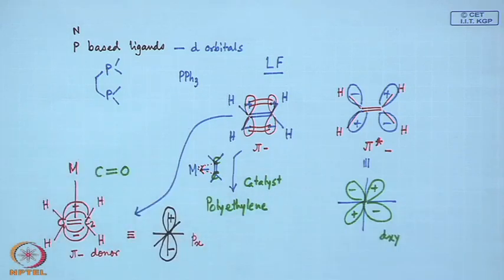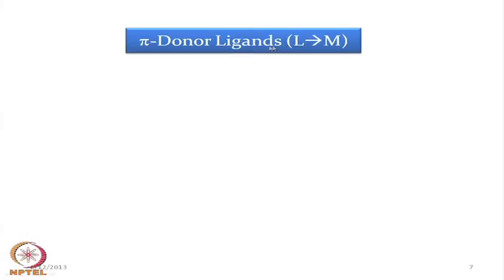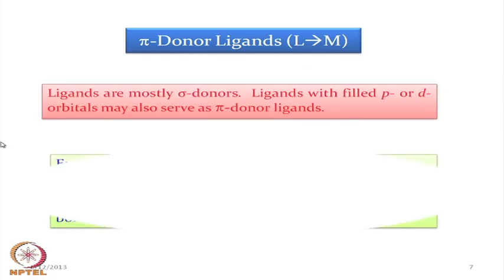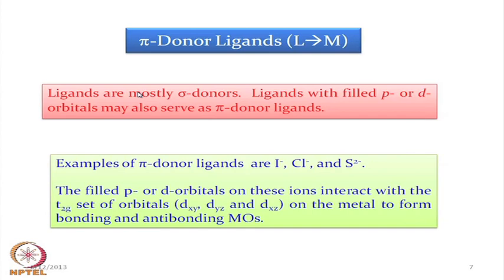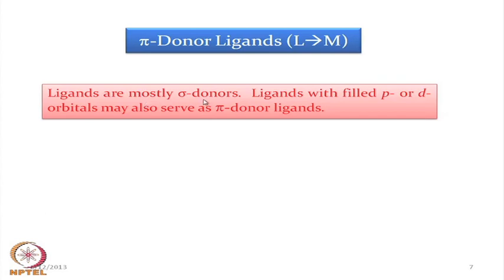So, if we go for the pi donor ligand system, that means the pi type electron density is available from the ligand side to donate to the metal orbital which should be vacant. Ligands are mostly sigma donors, but we can have some other ligands which we consider as pi donor ligands.